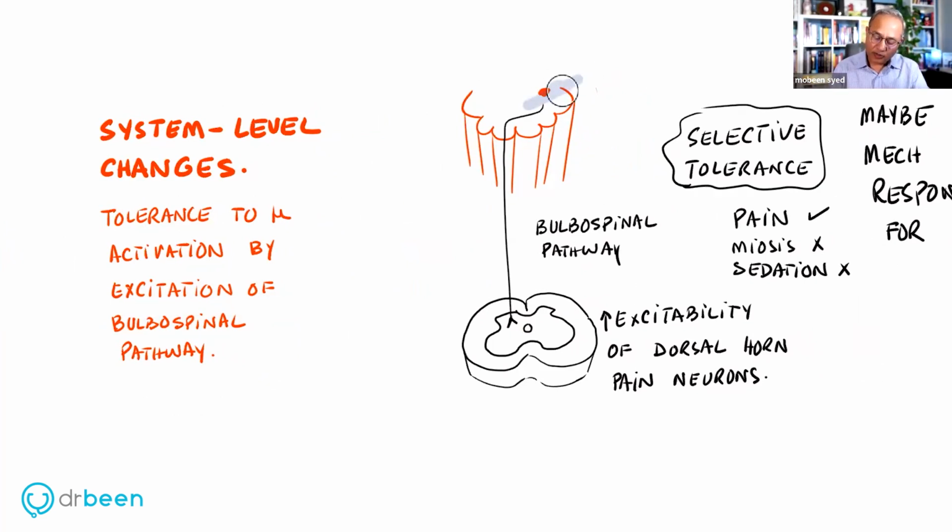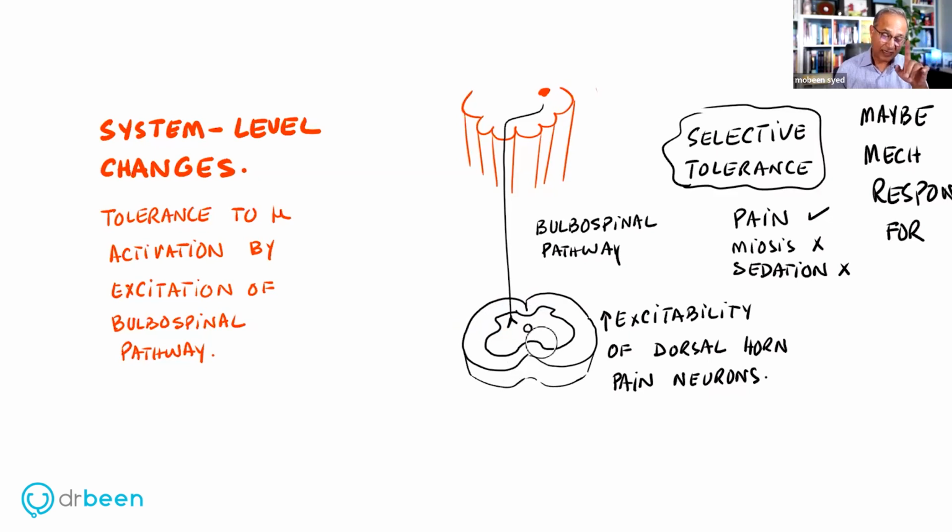Interestingly, from the respiratory center, fibers originate that cross over to the opposite side, then go down to the spinal cord and modulate the pain pathways. Yes, you're hearing it correctly. They originate from the respiratory center in the medulla, cross over to the opposite side, go down to the spinal cord and relay in the dorsal horn on the pain pathway fibers.